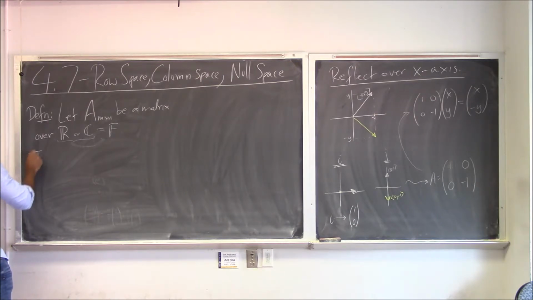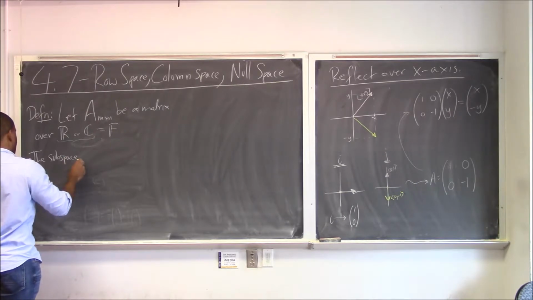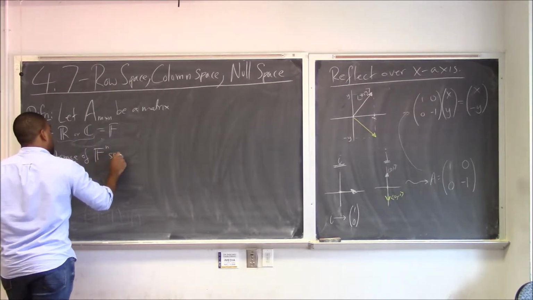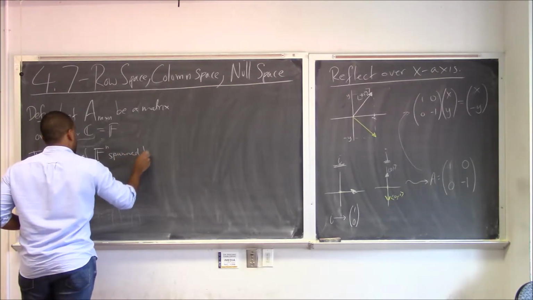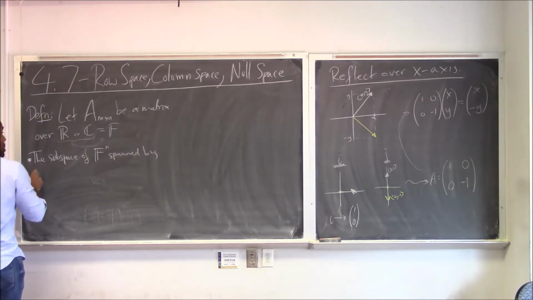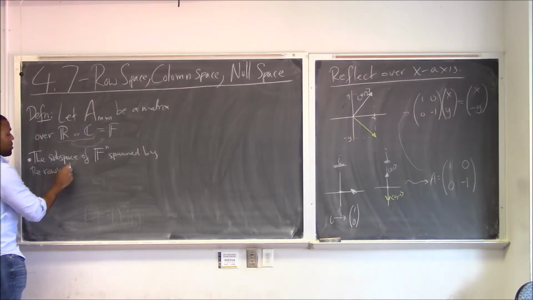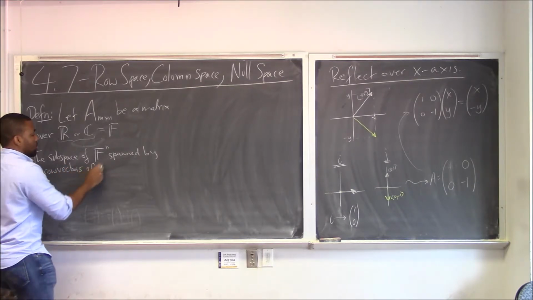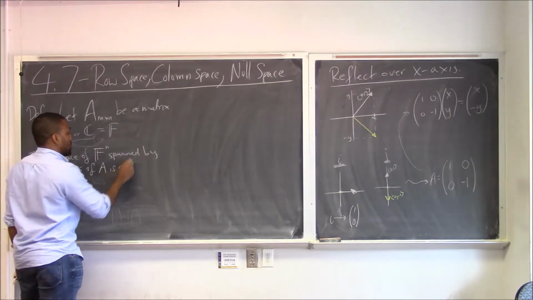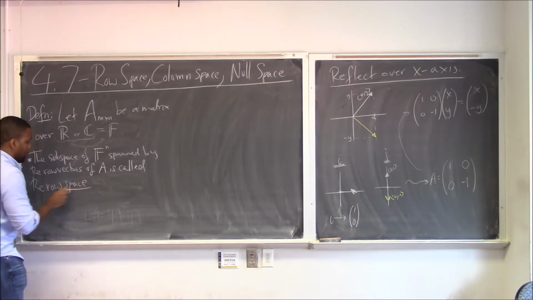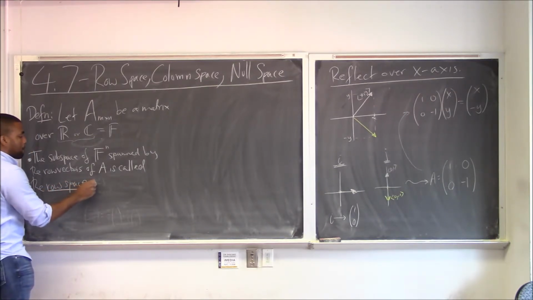Then 1. The subspace of Fn spanned by the row vectors of A is called the row space.